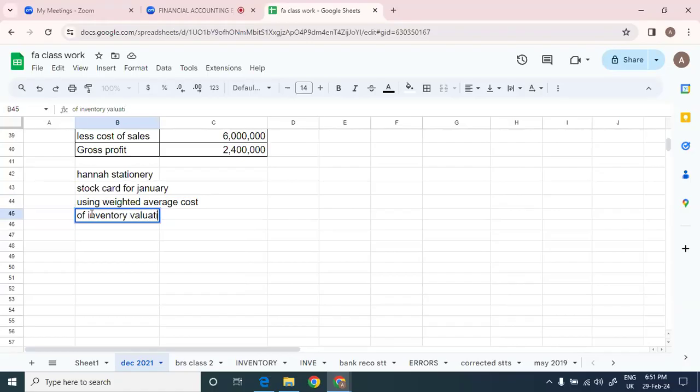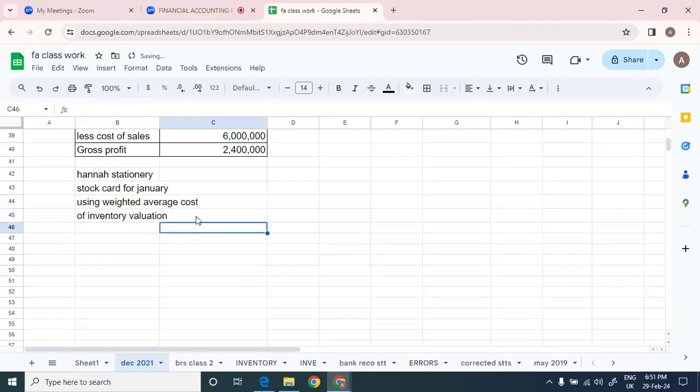From yesterday's class, I told you that a company cannot use both methods because it will bring in confusion. That's why on every inventory question, when you look at 2017 and 2021, they're asking about the importance of consistency.